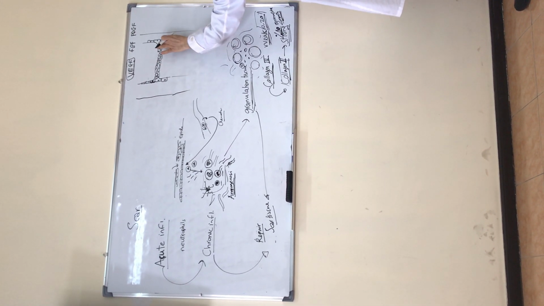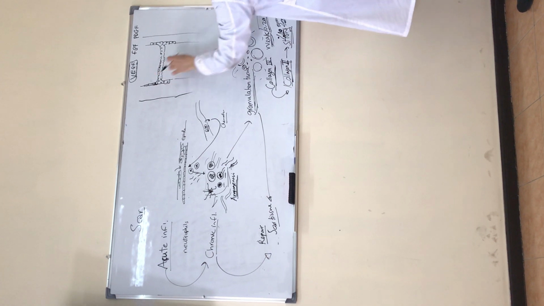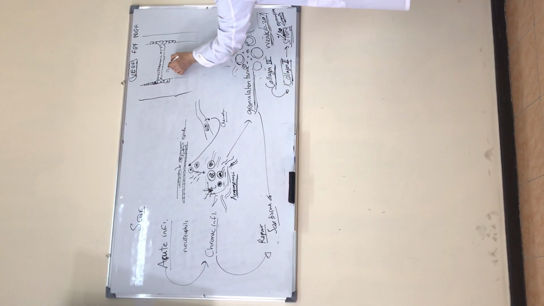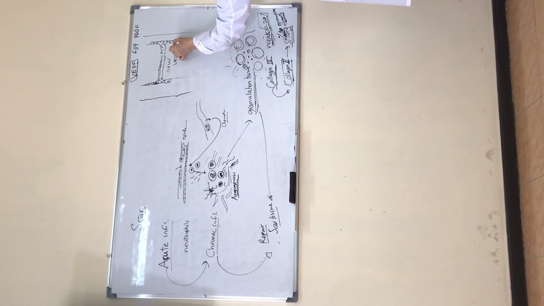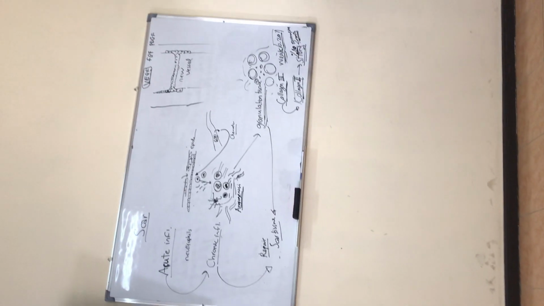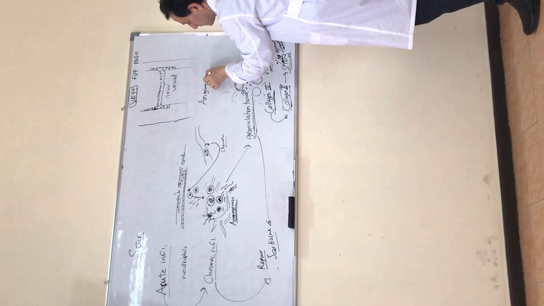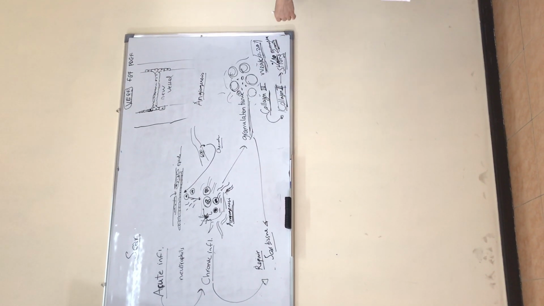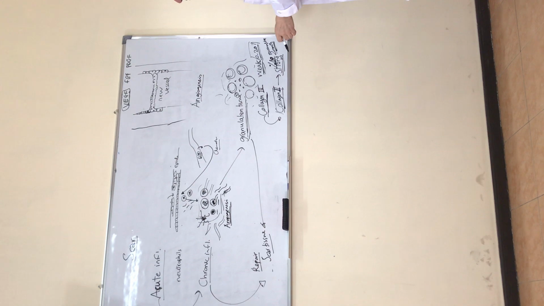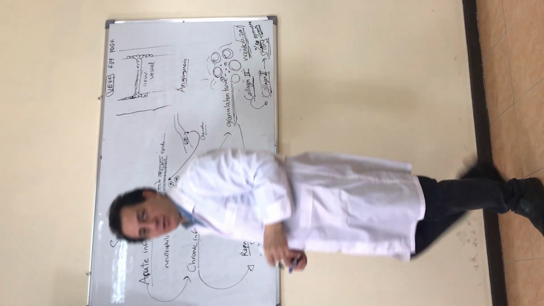And then, little by little, a canal is formed between these vessels, and this is a new vessel. So this is angiogenesis, the formation of new vessels for granulation tissue formation.